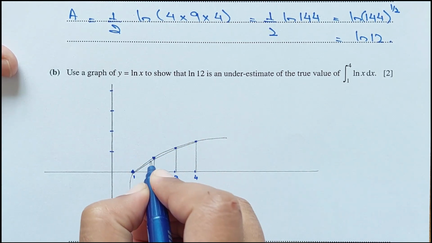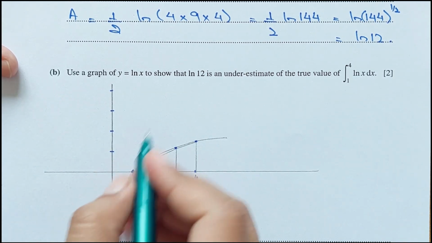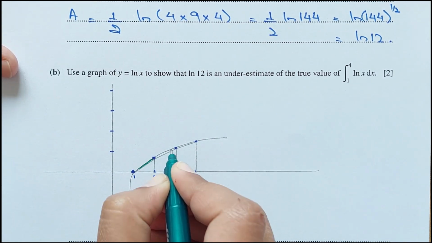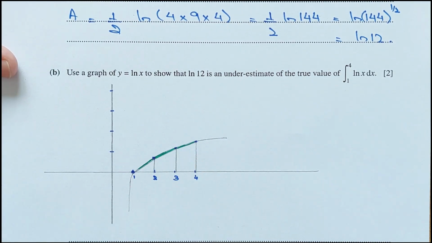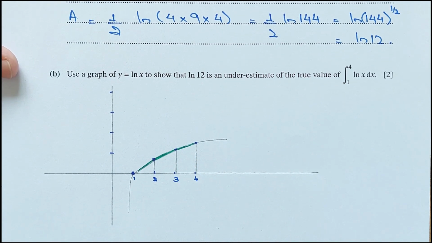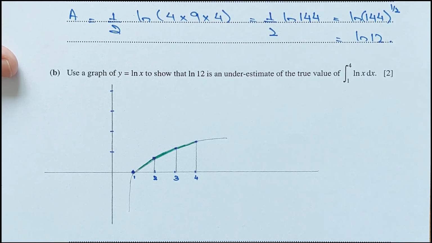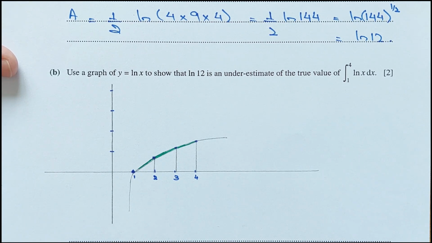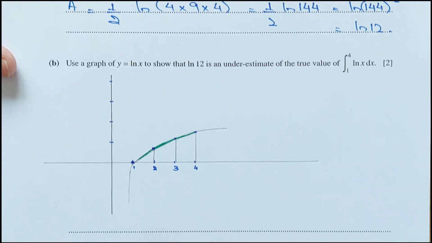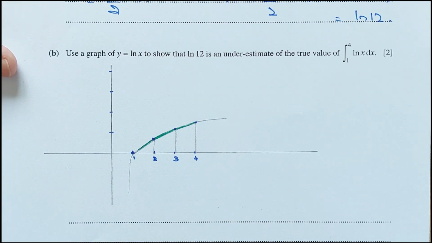We are not filling these gaps. Let me highlight these gaps with green. We are not finding the areas of these gaps. That is why it is an underestimate. The gaps between the curve and the trapezium, we are not working on this area. That is why it is underestimating, because we are not counting the small pieces, right?